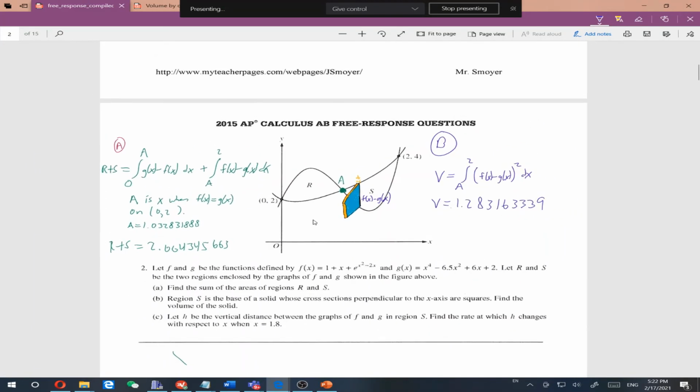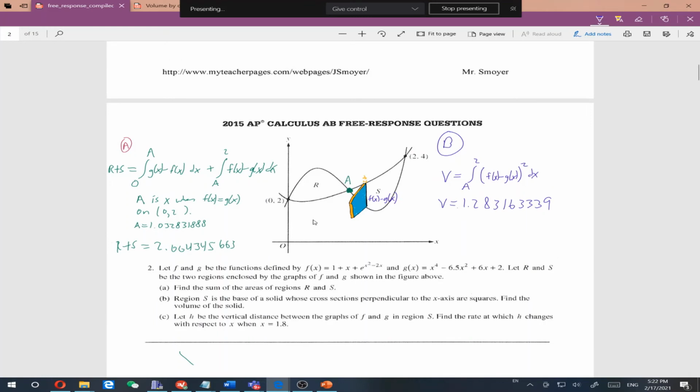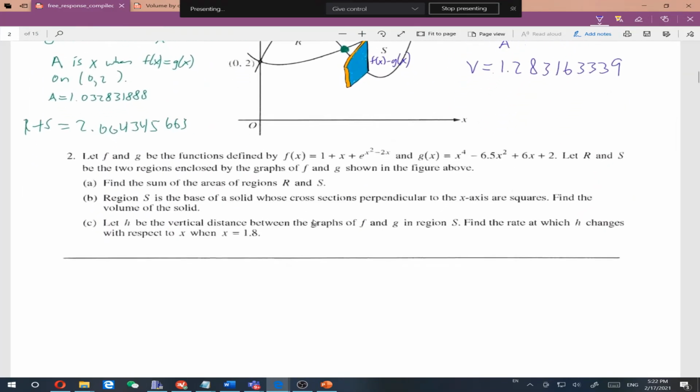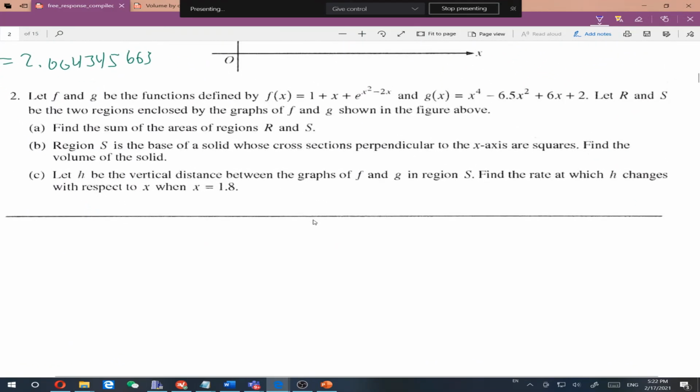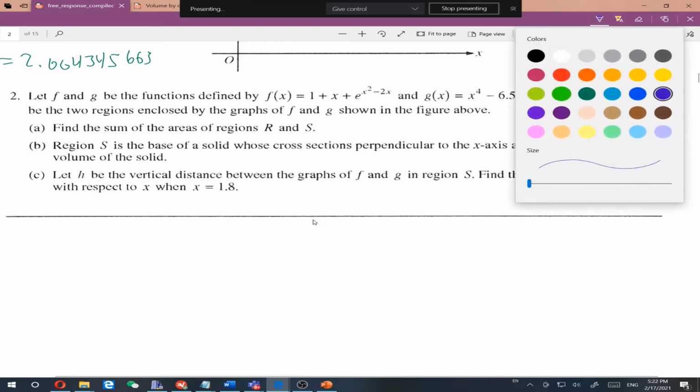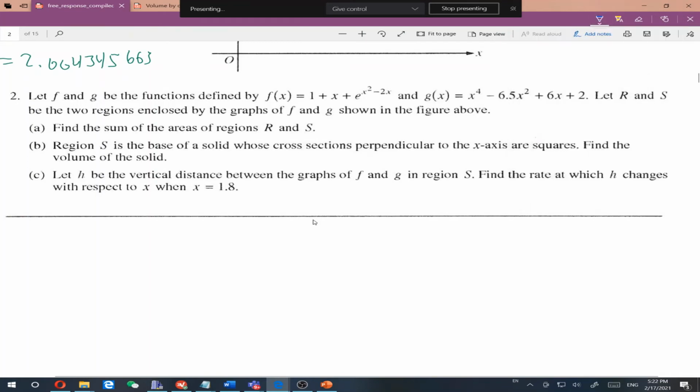Awesome. Okay, h is the vertical distance between the graphs of f and g in region S. I want to find the rate at which h changes with respect to x when x is 1.8. Okay, over to you, Kyle. First, what is the general form of h then? So h of x is equal to what?